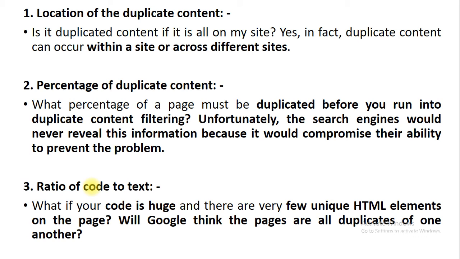Next is called ratio of code to text. Sometimes while you are creating a website and putting content in it, your website may contain a huge amount of code, and there are very few unique HTML elements available on the page.